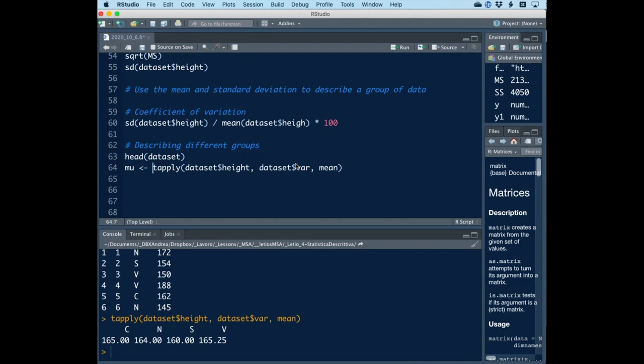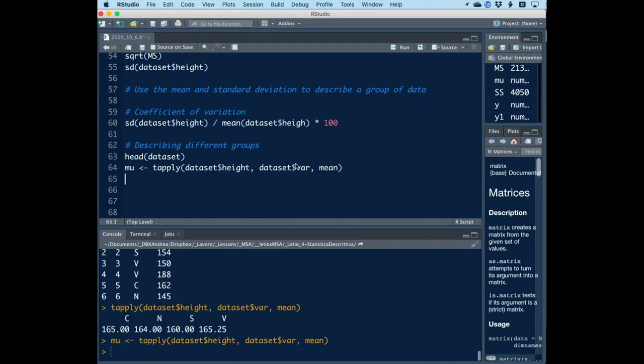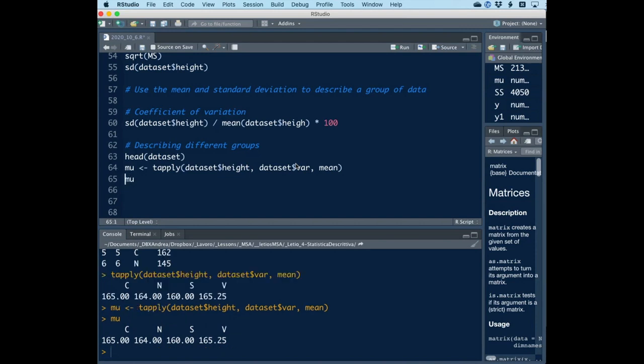So I will say mu, even though if you are from Greece, you would probably tell me that the best pronunciation is mi, not mu. But never mind. Mu is used for the mean in every statistical book. So I'm creating a variable called mu. Mu contains the means for the groups.